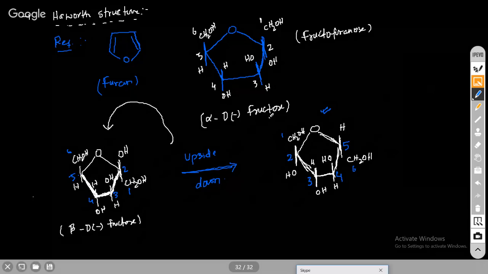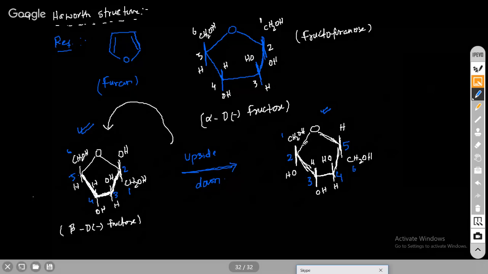The difference is only that, suppose now you imagine there is no numbering here, only this molecule is given. But what happens, when you draw the Haworth structure of fructose, you will get this structure, and when you flip it, you'll get this structure.